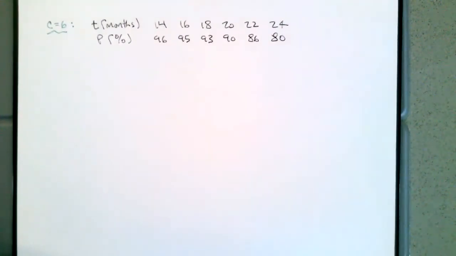So now we're calculating another rate of change. We can calculate dP over dt, the rate of change of the percentage with respect to time for a fixed concentration.